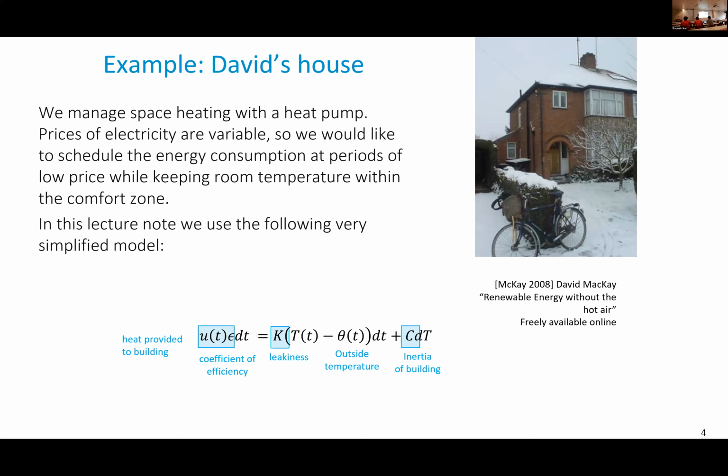If you have a resistive system, which is not recommended, that's the cheapest and least efficient way of heating a house, the coefficient of efficiency is close to 100%. That means when you dissipate energy through a resistance, practically all the energy goes into heat. That's in fact the inevitable end of energy everywhere. But if we use a heat pump, the coefficient of efficiency would be larger.